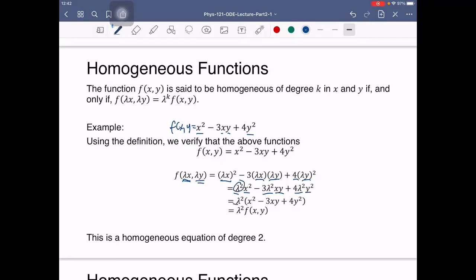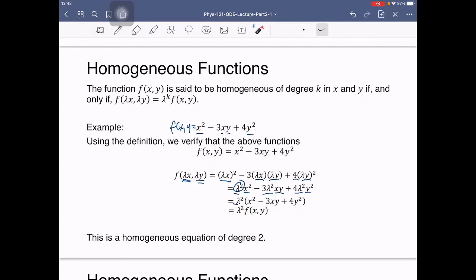So we now have lambda squared times quantity x squared minus 3xy plus 4y squared, which is the function itself. So now we have lambda squared times the function. So therefore, this function is a homogeneous function. So pwede natin sabihin din yung degree. So this function is a homogeneous equation of degree 2, which is yung nakita natin dito.